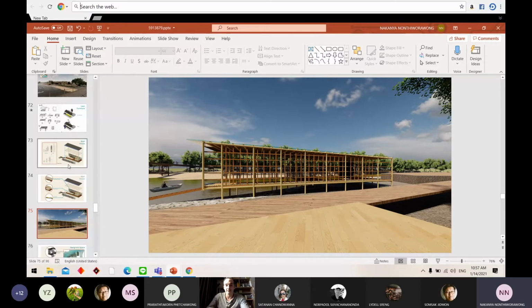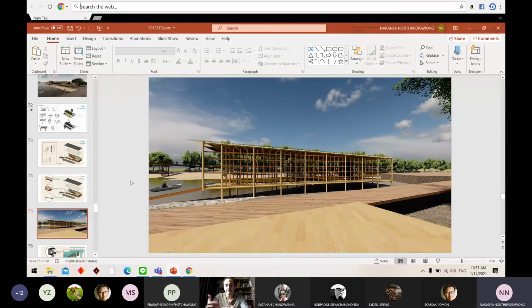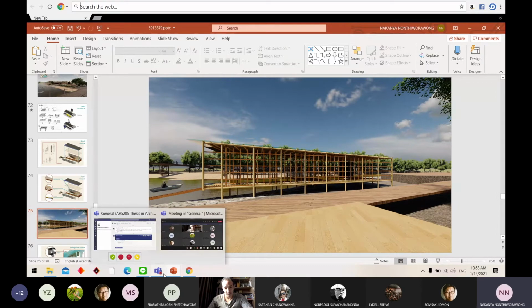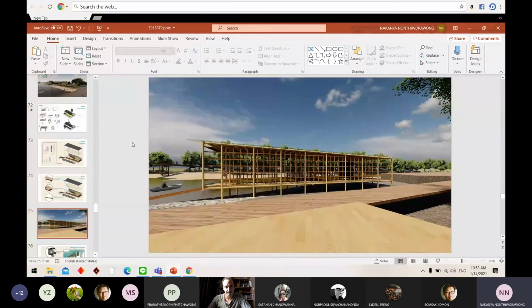Because one user is going to be the local, another will be the outsider, and it's only about the way to use the building, no? But is there anything here where we can see a representation of how to mix these two users? Does anyone see this? Or does Nakanya need to represent this in a stronger way?